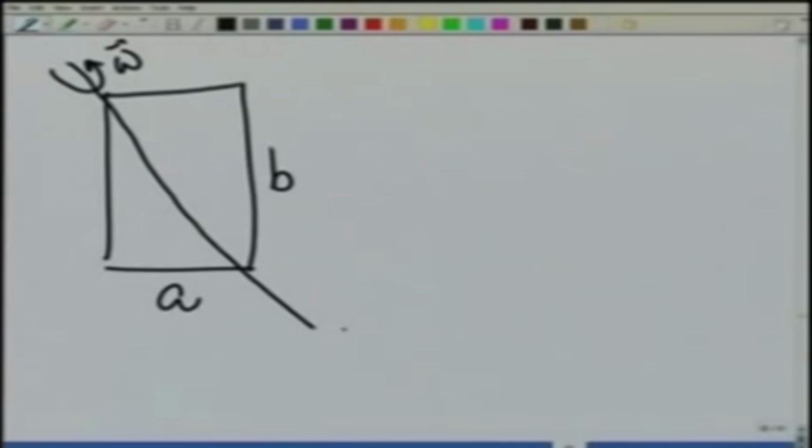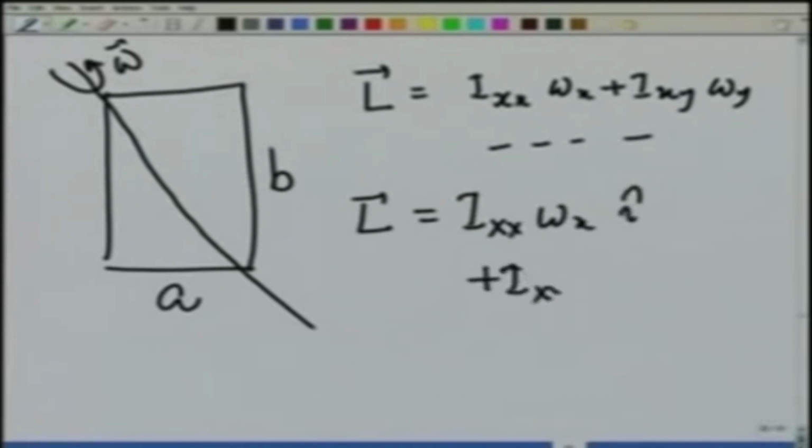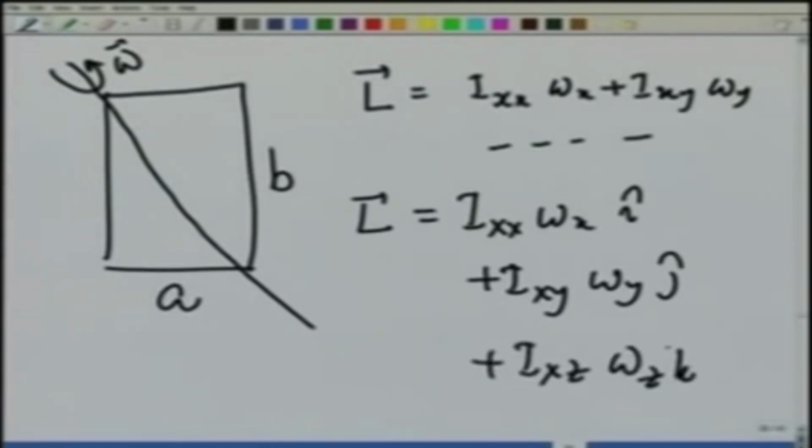Now, either I should do L equals the whole expression I x x omega x plus I x y omega y and so on, or I can go to the principal set of axes, calculate the components of omega, and then straight away write L equals I x x omega x i plus I y y omega y j plus I z z omega z k.